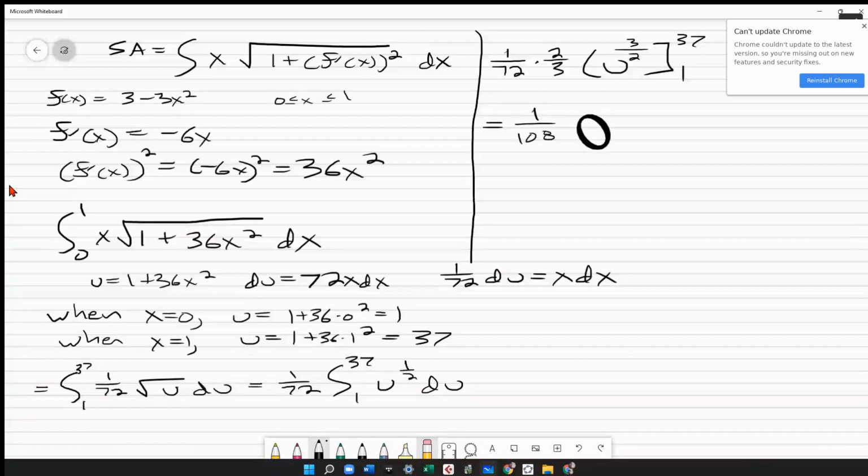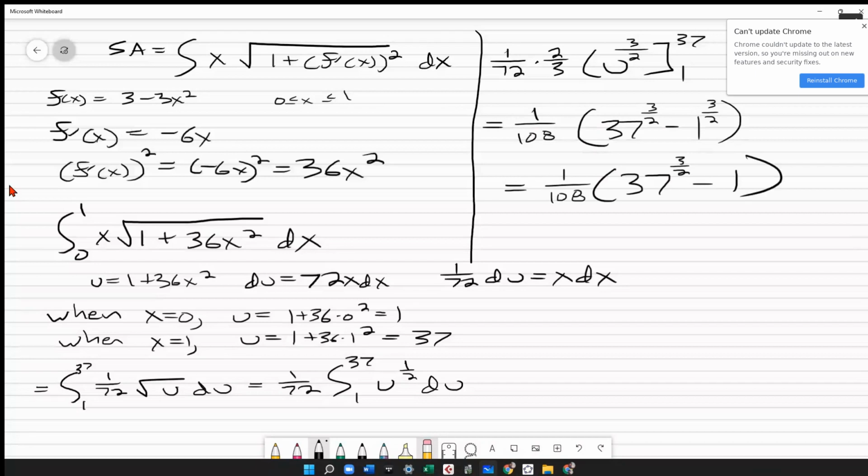And then you're just going to do 37 to the 3/2 minus 1 to the 3/2. And 37 to the 3/2 is just some weird irrational number, so there's no reason not to just leave it like that. And 1 to the 3/2 is just 1 because 1 to anything is just 1.